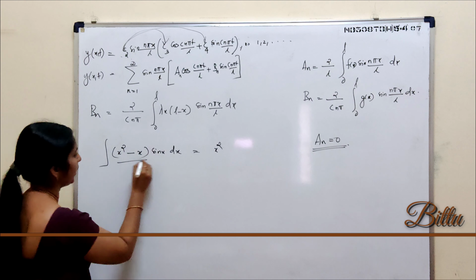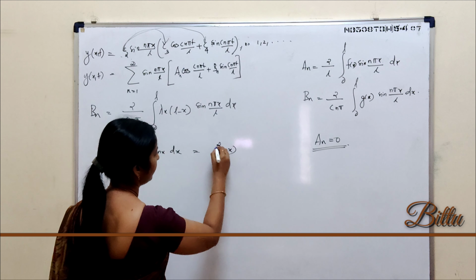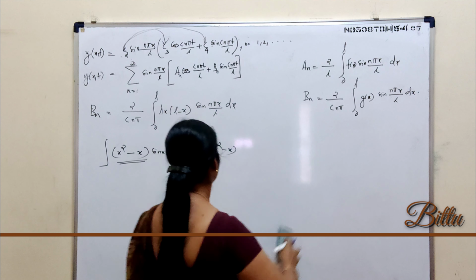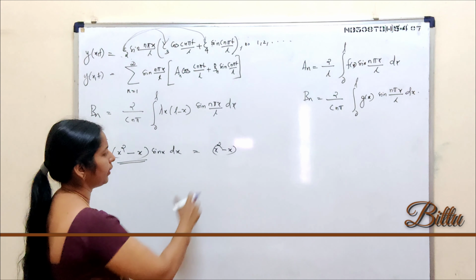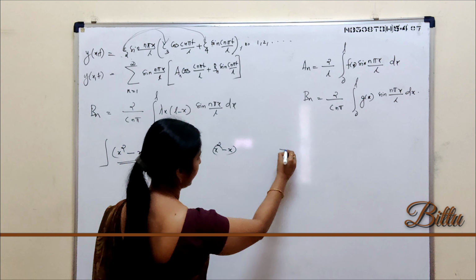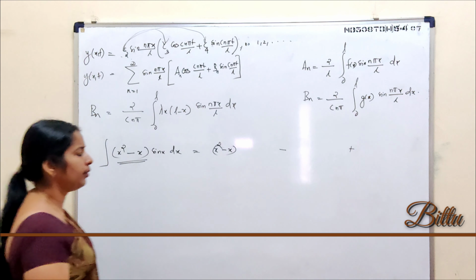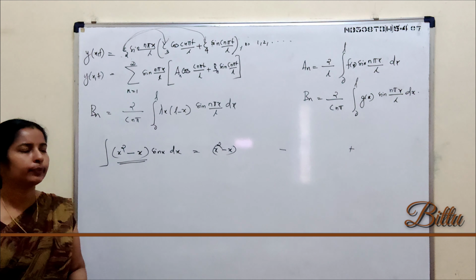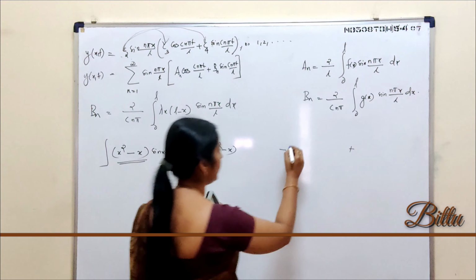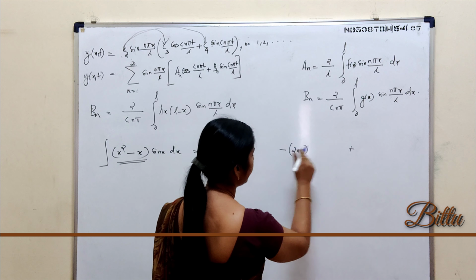Here the polynomial is x squared minus x. Assign alternating signs starting with the plus sign. So next sign is minus, then plus, etc. Like that. You write the successive derivatives of this polynomial. Its derivative is 2x minus 1. Its derivative is 2.